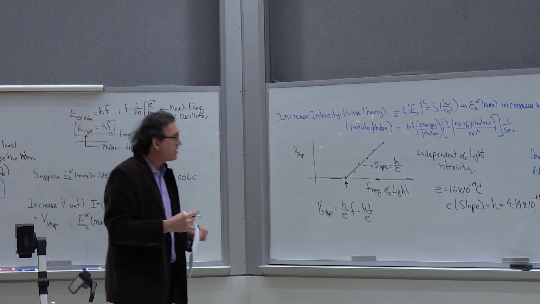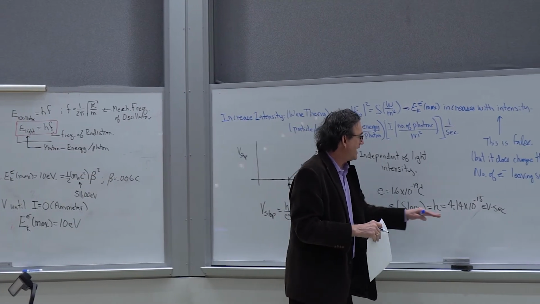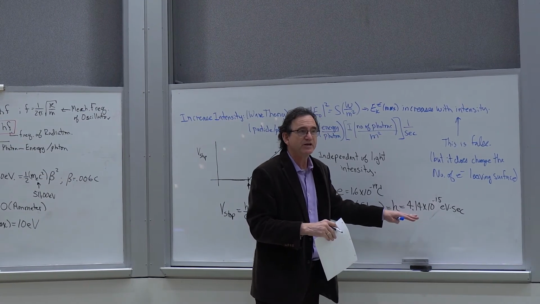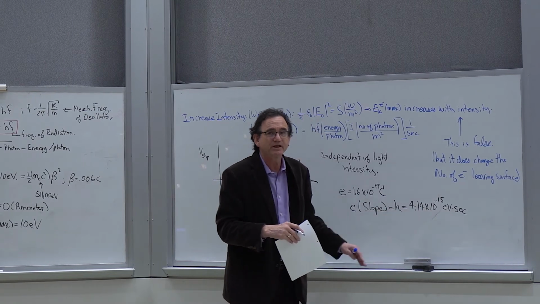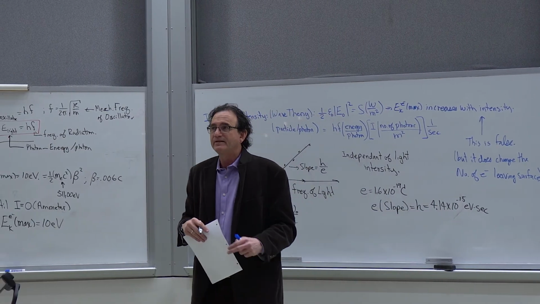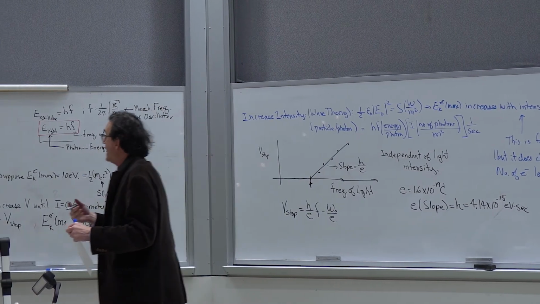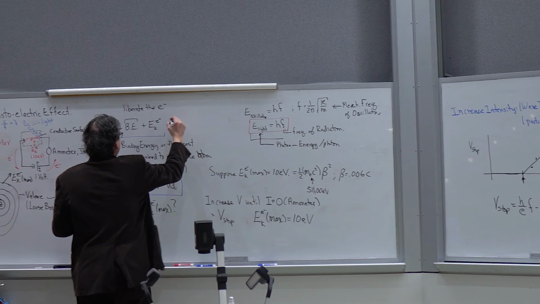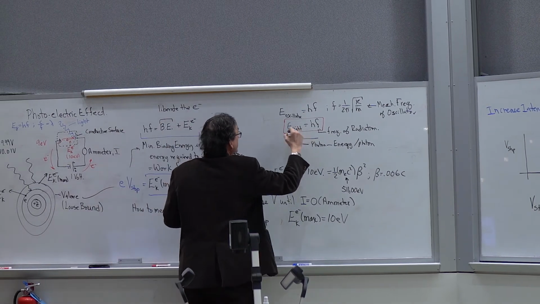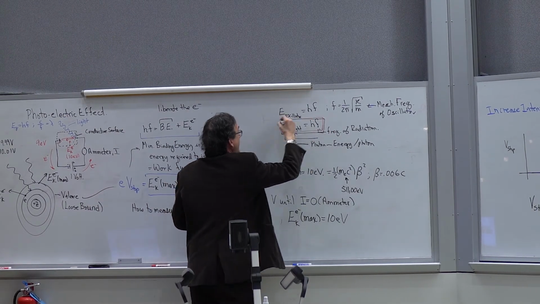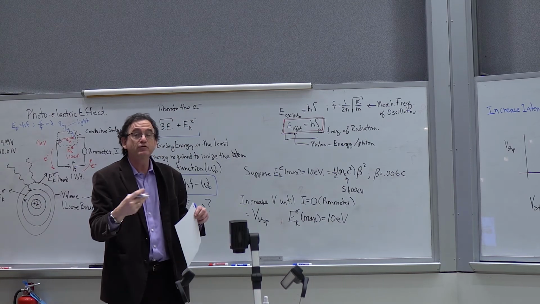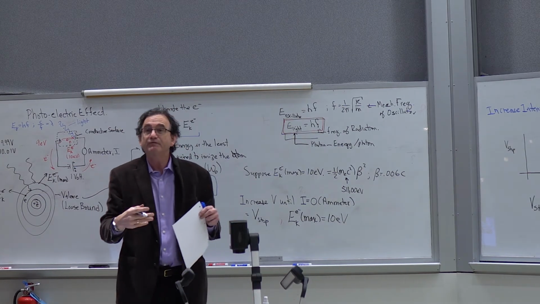Surprisingly, it turned out to be exactly the same as we calculated h from the black body radiation. That means there must be something real taking place, that this equation, E equals h times the frequency, is really happening. This isn't just a fluke of a single experiment that it fit the data.